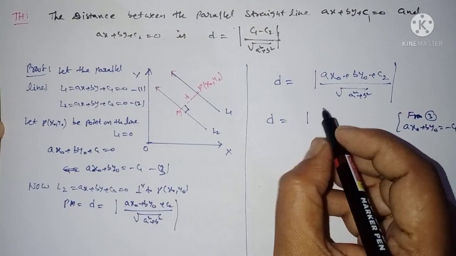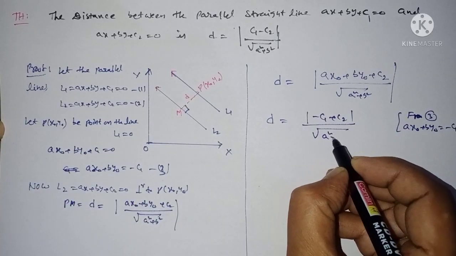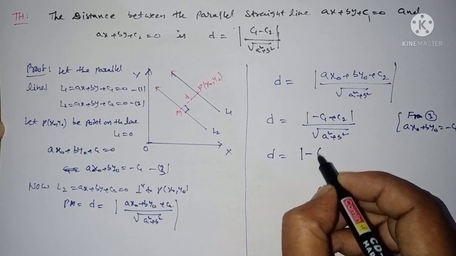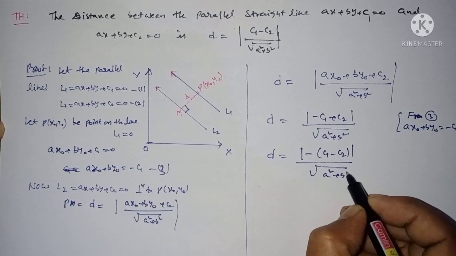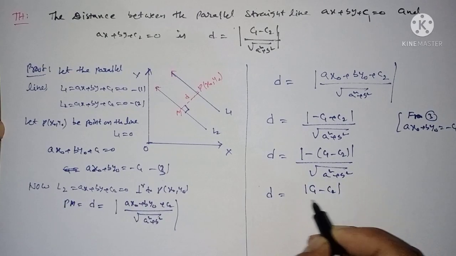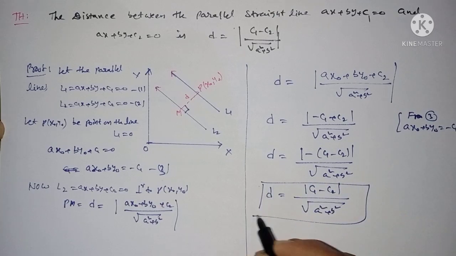Therefore, I can write minus c1 plus c2 by the square root of a square plus b square. You can take minus common: c1 minus c2 by the square root of a square plus b square, or d is equal to, with the mod, c1 minus c2 by the square root of a square plus b square. Given parallel lines, the distance d is equal to c1 minus c2 by the square root of a square plus b square.